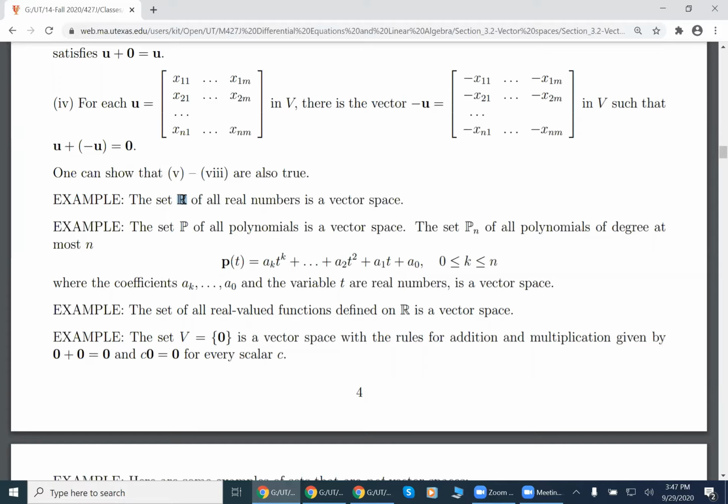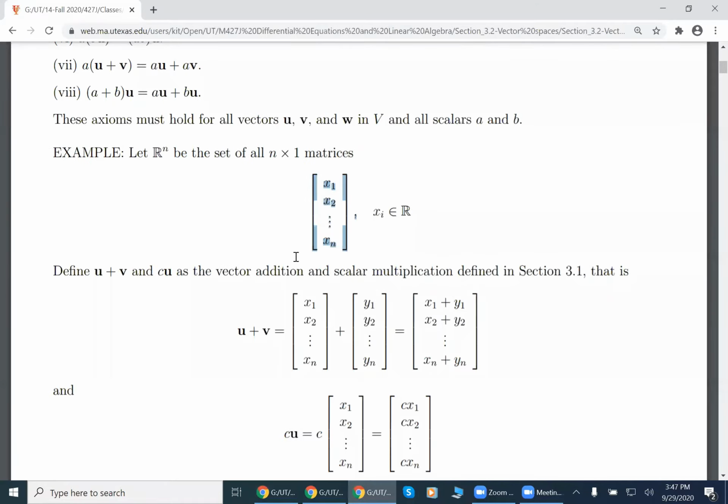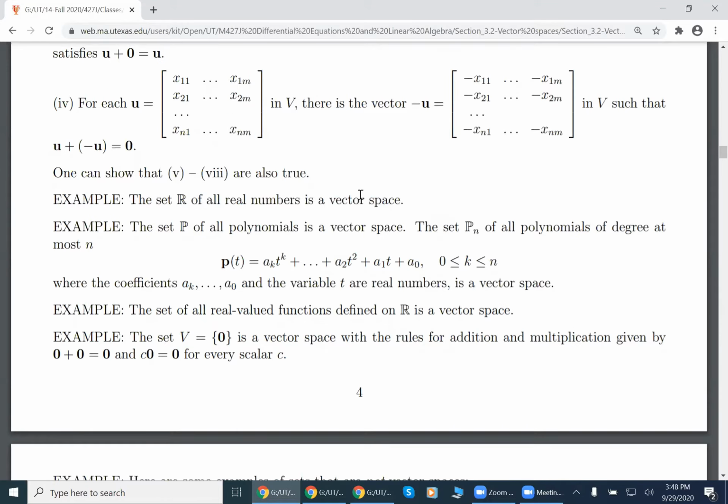Each number is a vector. In Rn, there are no numbers. We have matrices only. Each matrix is a vector. This is not a vector. This is a vector. Does this answer your question? Yes, sir. Thank you.